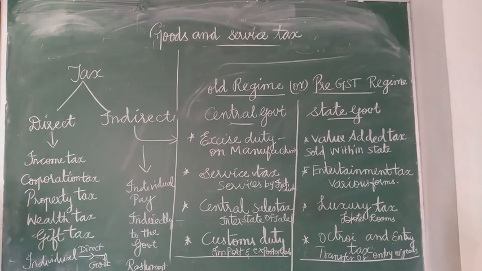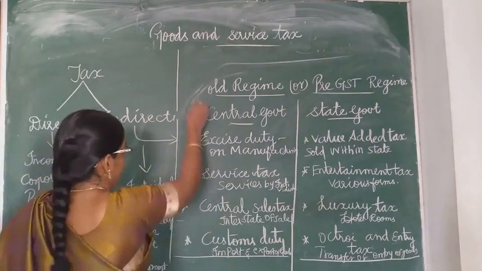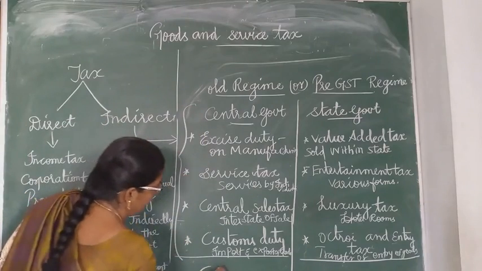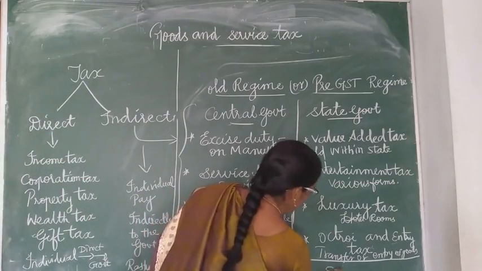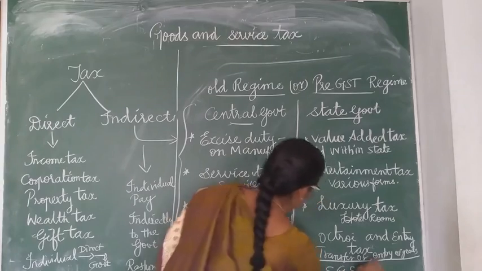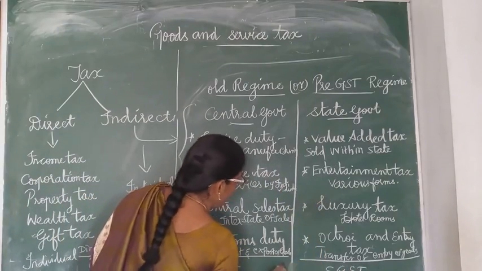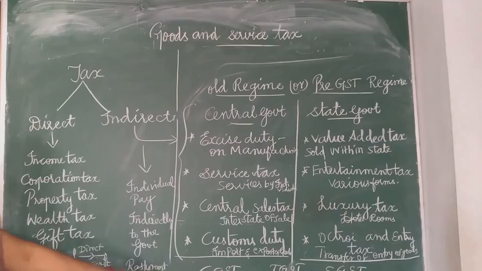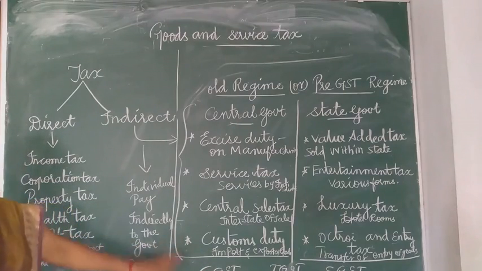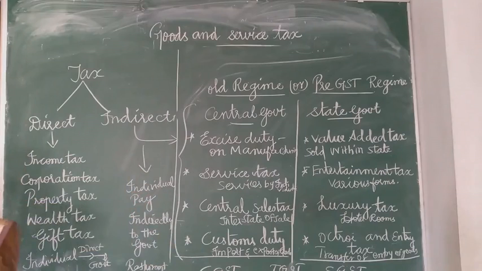So to avoid these things, to eradicate all these kinds of tax, the central government will levy CGST and the state government will levy SGST, and also IGST, the interstate tax. So these three taxes will avoid all these problems.